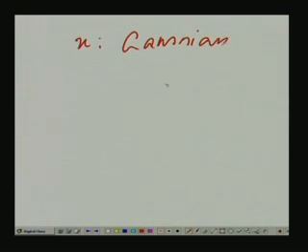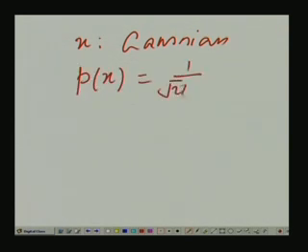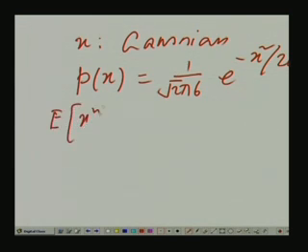Okay, now, as an example, we consider the case where x is Gaussian. To make life simple, I assume that it has a mean 0 and variance sigma square. So, it is given p of x is equal to 1 by root 2 pi sigma e to the power minus x square by twice sigma square. So, let us see what is the expected value of x to the power n. I first write down the result.